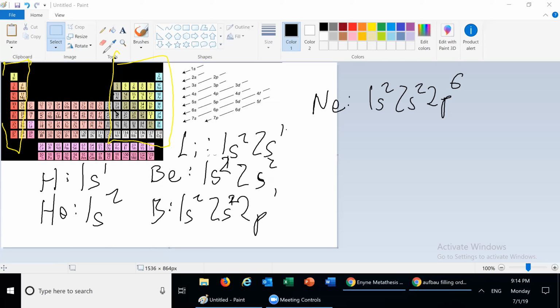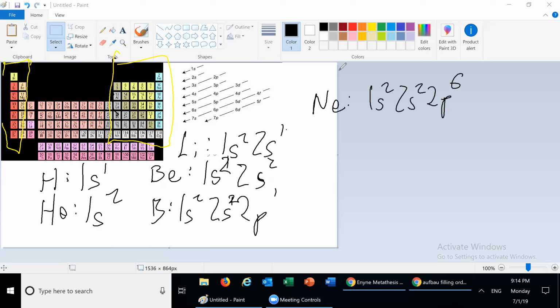Their position on the periodic table is kind of funny. We put helium there because it has the properties of the other elements below it. But we're not going to worry too much about those minor details.